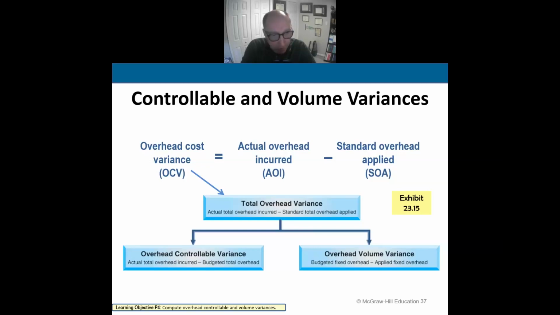The total overhead variance is the actual minus the standard. The overhead controllable variance is the actual overhead minus the budgeted overhead. And the overhead volume variance is the budgeted fixed overhead minus the standard fixed overhead.